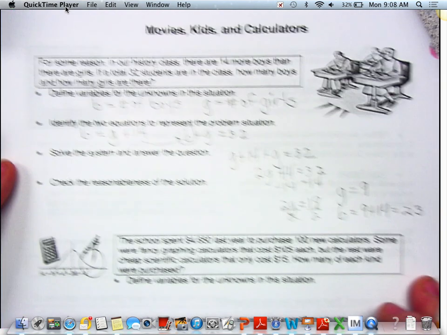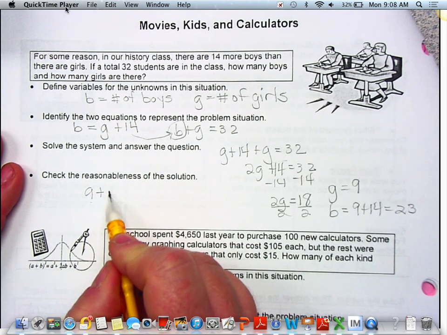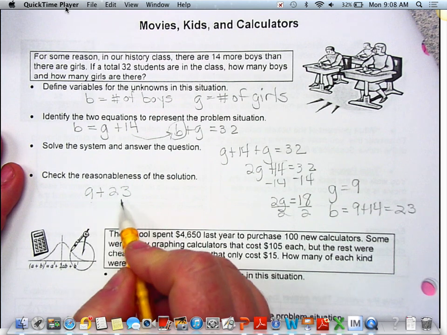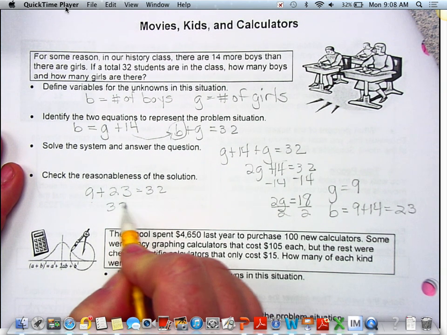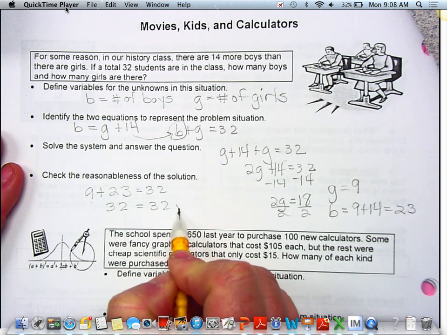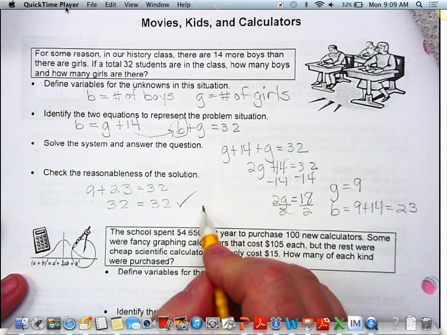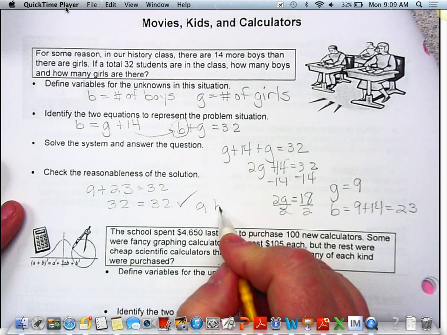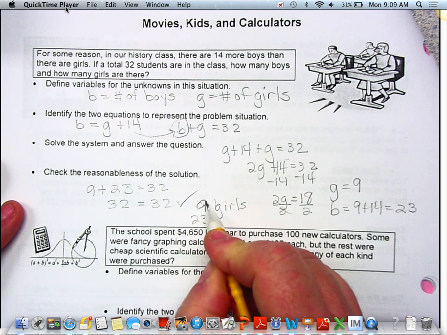Okay, then how could you check to see if you're right? Plug it into B plus G equals 32. Let's do that. 9 plus 23 equals 32. Yes, so that checks. Okay, so there are 9 girls and 23 boys.